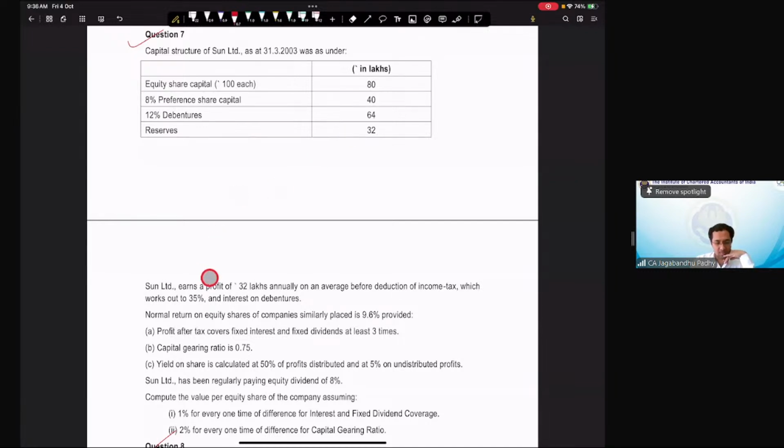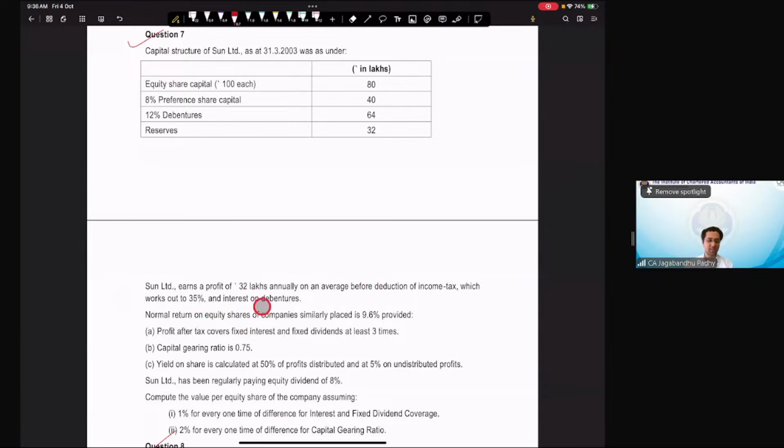Sun Limited earns a profit of 32 lakhs annually on an average before deduction of income tax, which works out to be 35%, and interest on debentures.